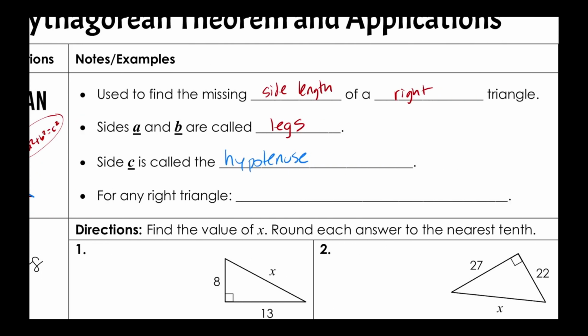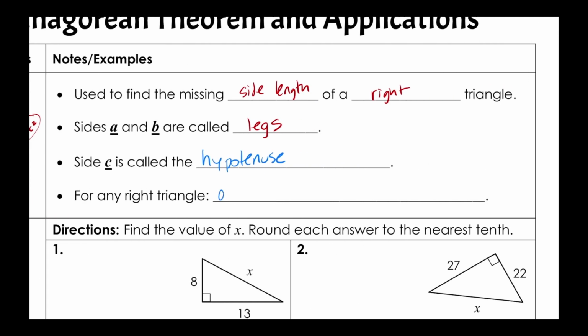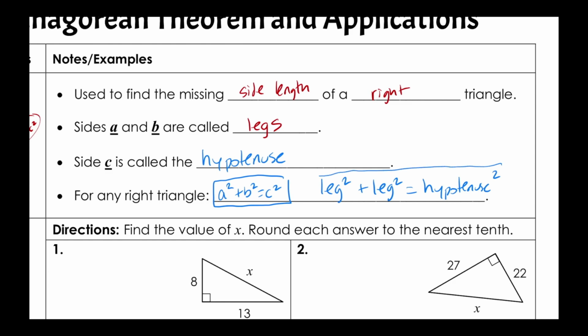So you used to know it as a squared plus b squared equals c squared, and that's fine. But I want you to remember it as leg squared plus leg squared equals hypotenuse squared. Okay? A squared plus b squared equals c squared is the middle school way of remembering it, but a, b, and c are just letters.